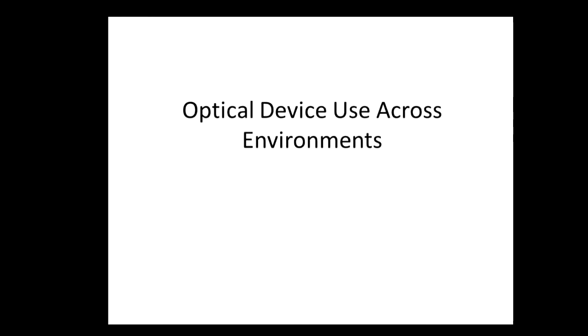Being able to review that before I went into the school building helped me right away get into good conversation with the student. So those are all points we think are important to consider. And now we want to look at optical device use across environments.